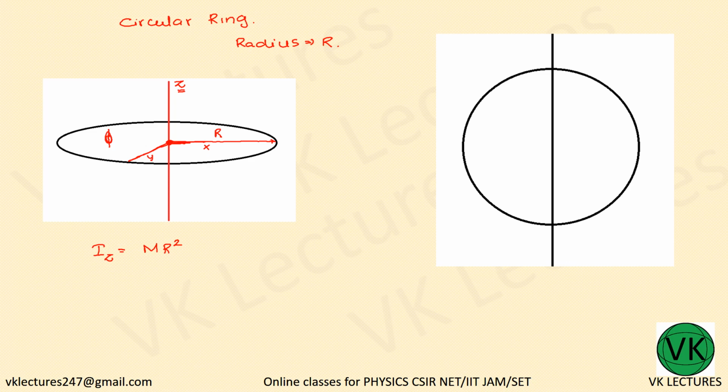Now in another way, we can also rotate the circular ring in this form. That means if you consider this as the diameter of the circular ring, from here to here, along the diameter you can write ID is equal to mr square by 2. So the moment of inertia along z, that means perpendicular to the plane, and here it is parallel to the plane, that means along the diameter.